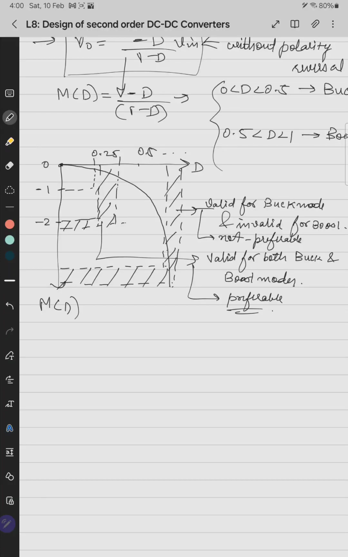So the preferred range is like this, a slightly enhanced range, from say 0.3 to 0.7 actually. 0.3 to 0.7 is the preferred range of operation of this buck boost converter. For 0.3 it is almost minus 0.5.